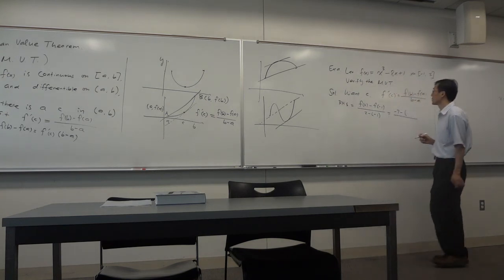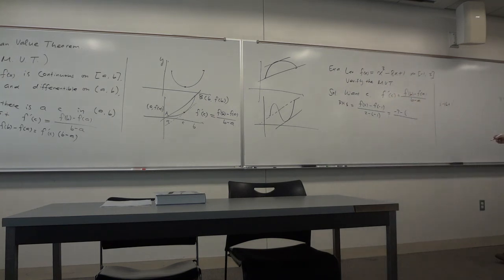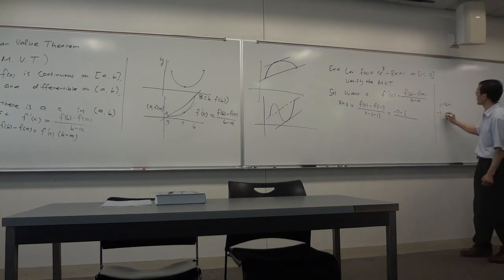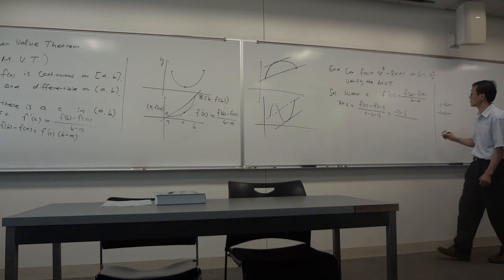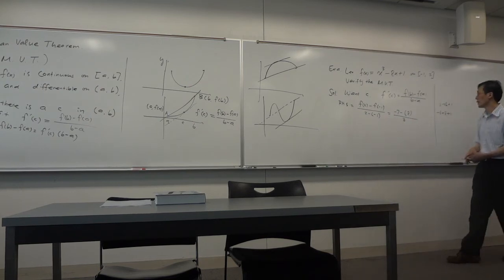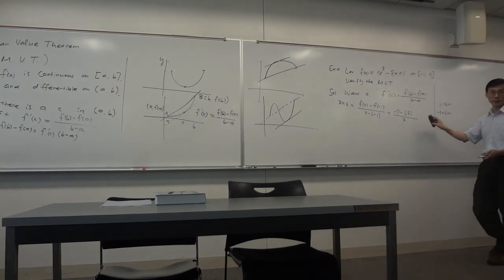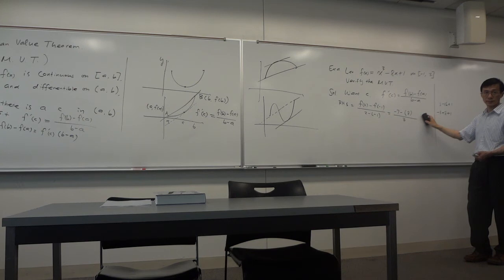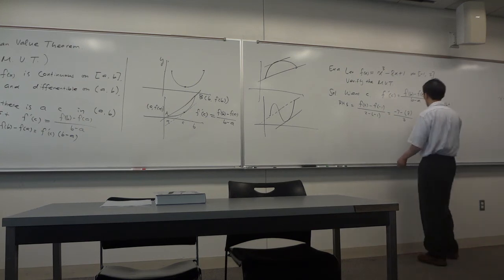You substitute the minus 1, you get minus 1 plus 8 plus 1, so that's 8 here, divided by 3, and that is equal to negative 5.